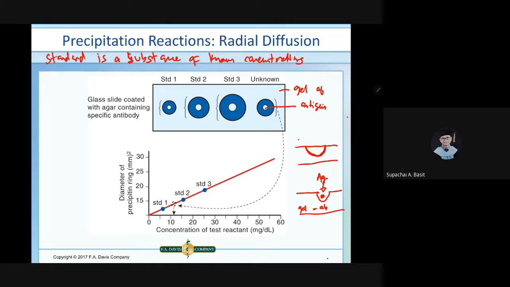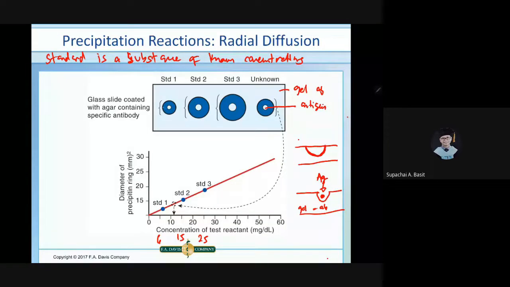Let's say, for example, standard number 1 has a concentration of 6 milligrams per dL. Standard number 2 has a concentration of 15 milligrams per dL. And standard number 3 has a concentration of 25 milligrams per dL.